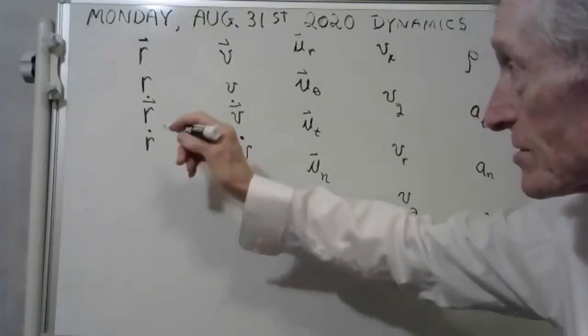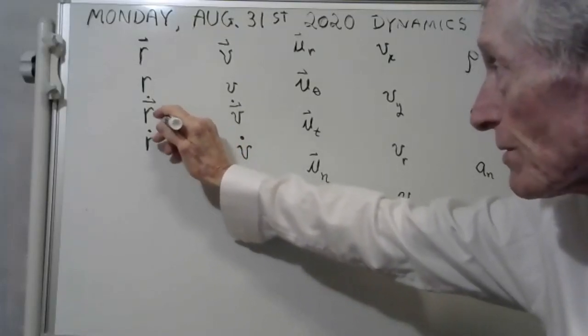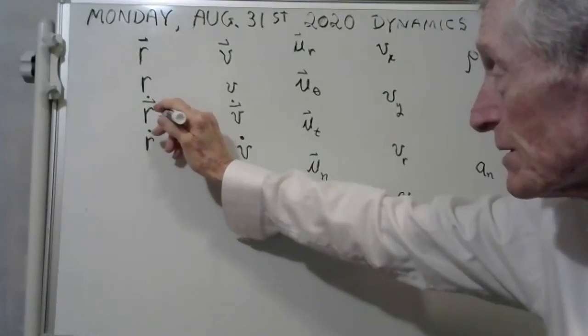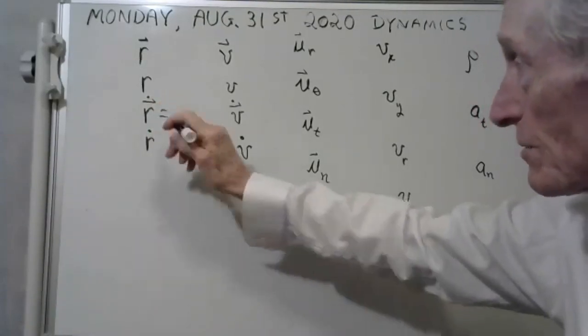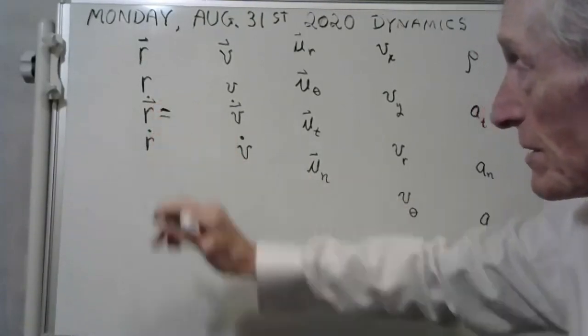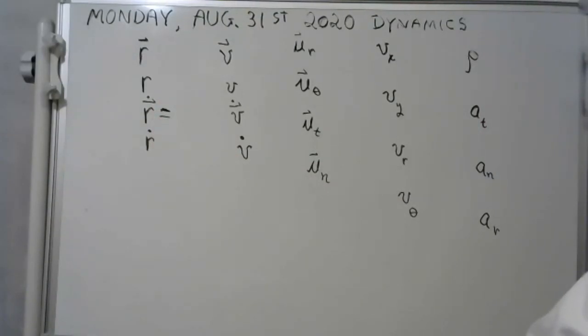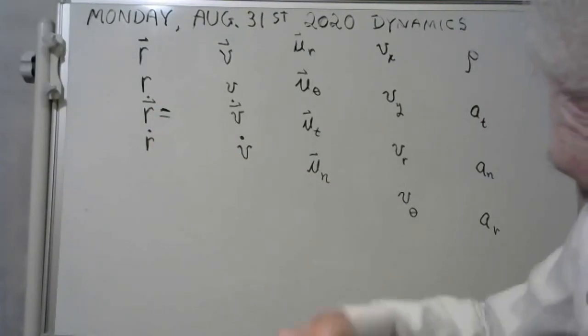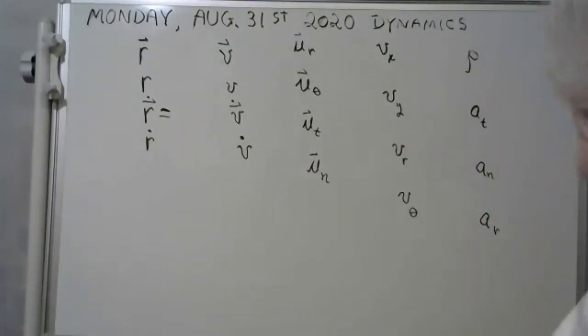And in fact, that's equal to something very important. Do you remember what that's equal to? The derivative with respect to time of position is equal to the, what do you think? Anybody know? Velocity.